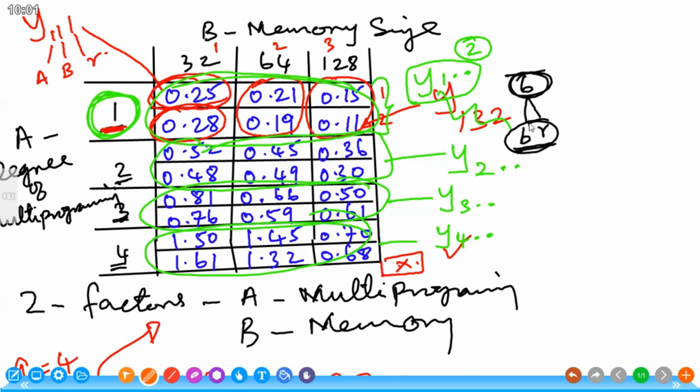Across the BR, the constant is only the first level of factor A. Across the BR, we are adding all the values. So before we square, the number of observations added is equal to BR.